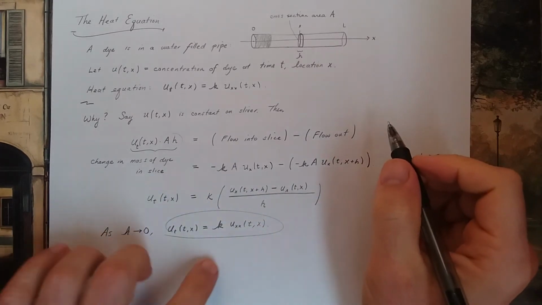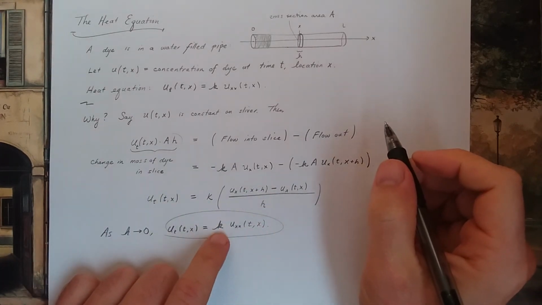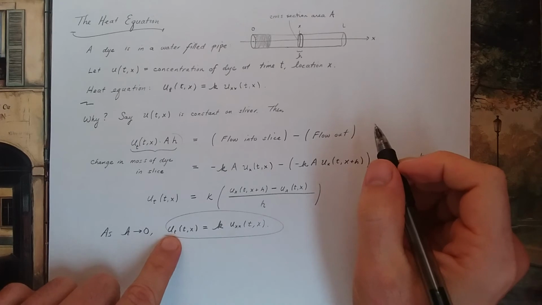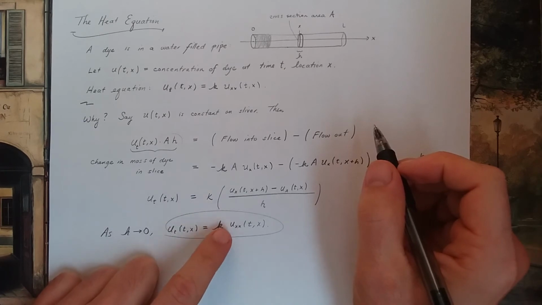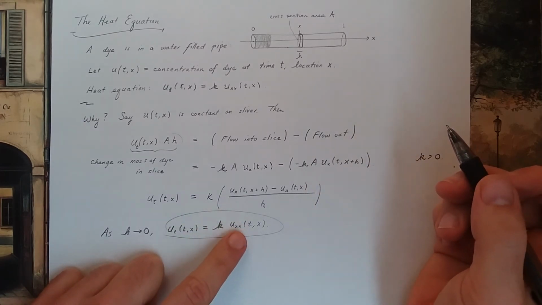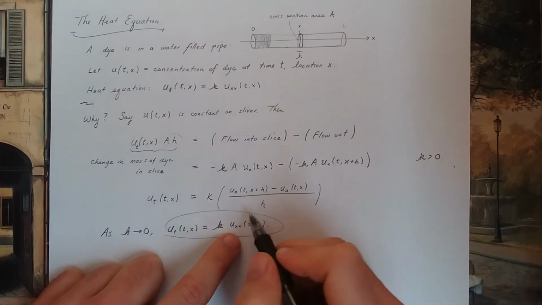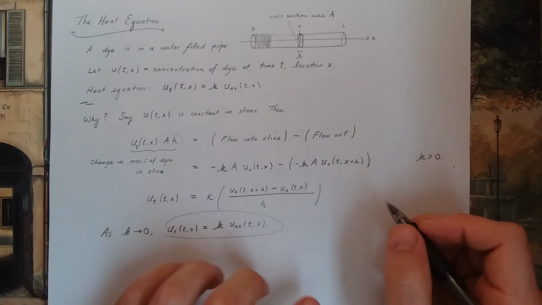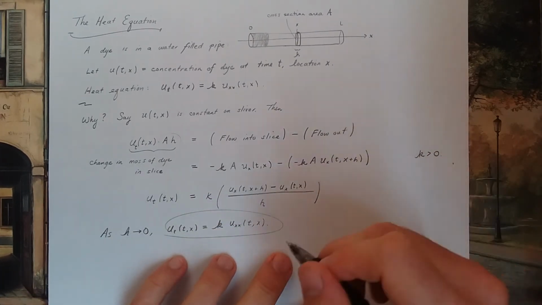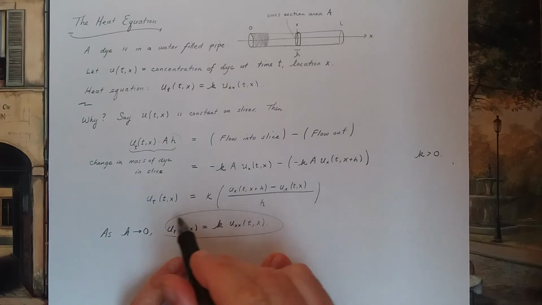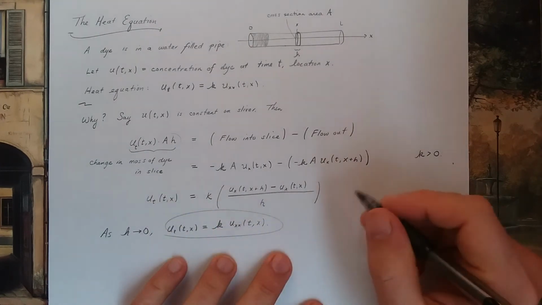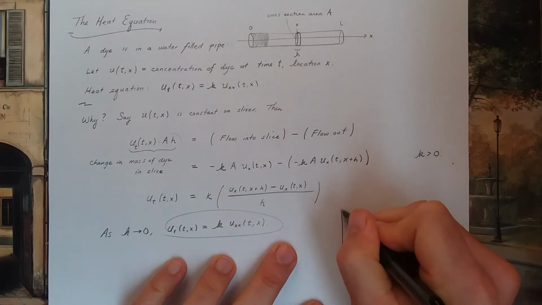Now, intuitively, what is this saying? This is saying that the change in concentration with respect to time is proportional to the second derivative. The second derivative of a function gives you its concavity. So let me just try to give you an intuitive reason of why this should be the case by drawing a picture.